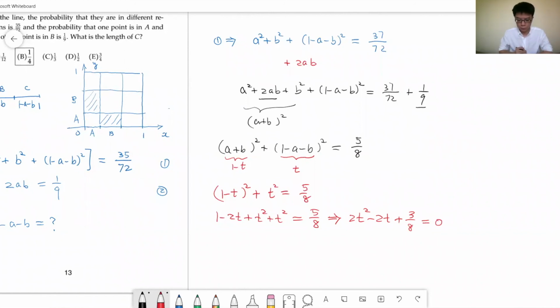Okay. Of course, we can divide this by 2. T squared minus T plus 3/16 equals 0, and we can factor this quadratic equation. This is T minus 3/4 times T minus 1/4 equals 0. So it's very clear we have 2 roots, 1/4 or 3/4.